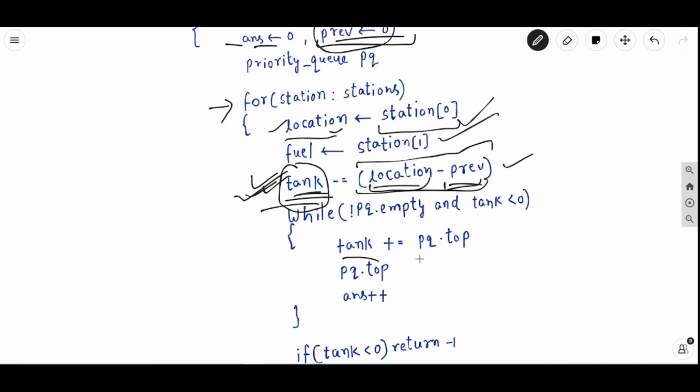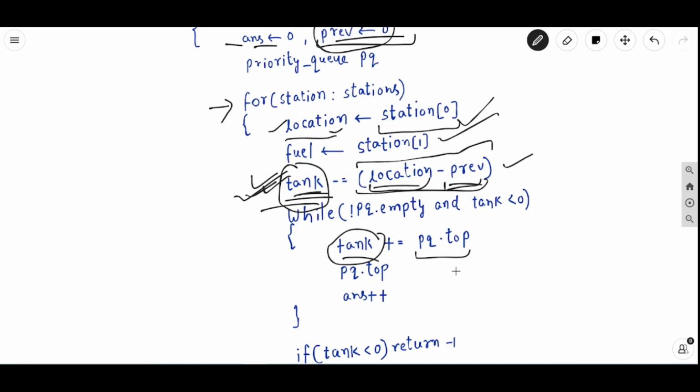So here I simply keep taking elements from the top of the priority queue while our tank variable is negative. That intermediate station is chosen wisely according to the fuel that they are offering.